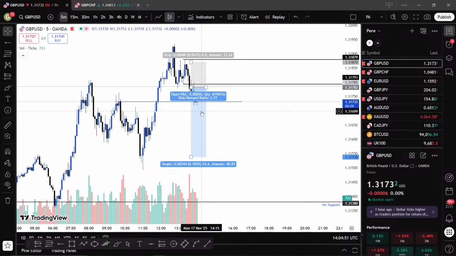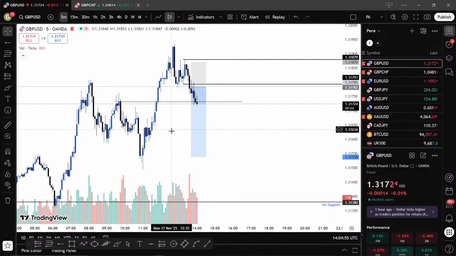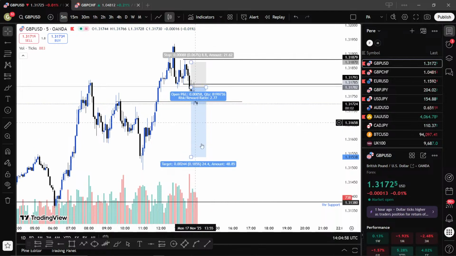So let us see, if this candle is able to close successfully bearish, that would be a good run. Yes, I love this break below. Yeah, let's just continue like this.